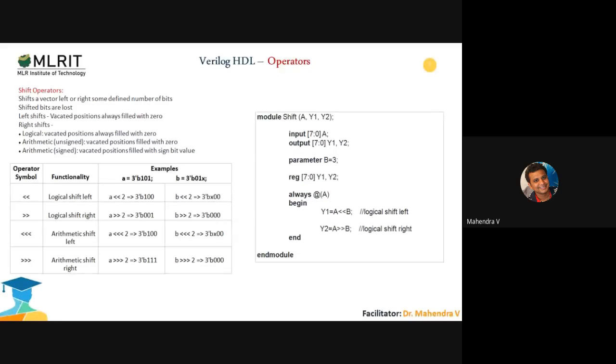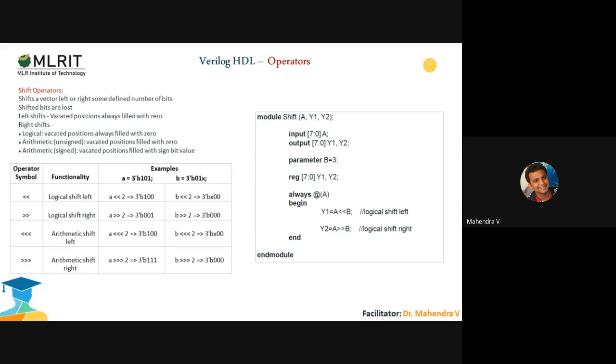In the case of right shift, the issue is filling the MSB. Whenever you do right shift, the LSB will be lost, but the MSB becomes vacant, so there is a need to carefully fill the MSB bits. Why? Because if it is a signed operation and you fill the MSB with zero, the negative value becomes positive. That should not happen.